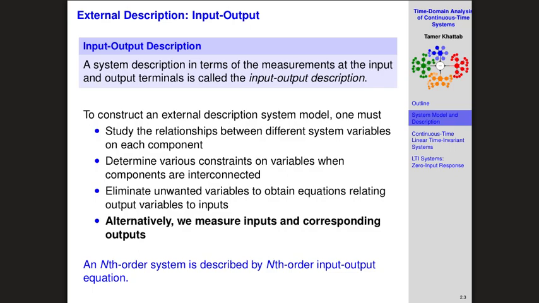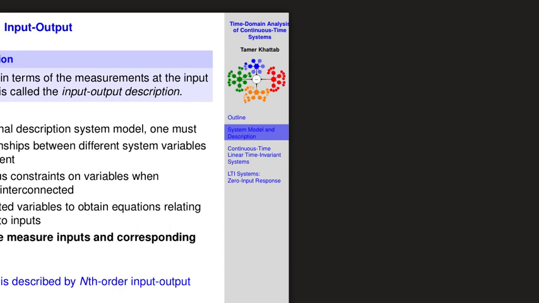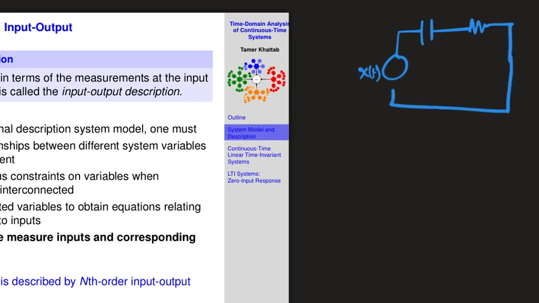Simplest example that you apply every day is, for example, let's look at this circuit, right? So you have some source here, x of t, and then you have maybe a capacitor, a resistor, and continue the circuit.